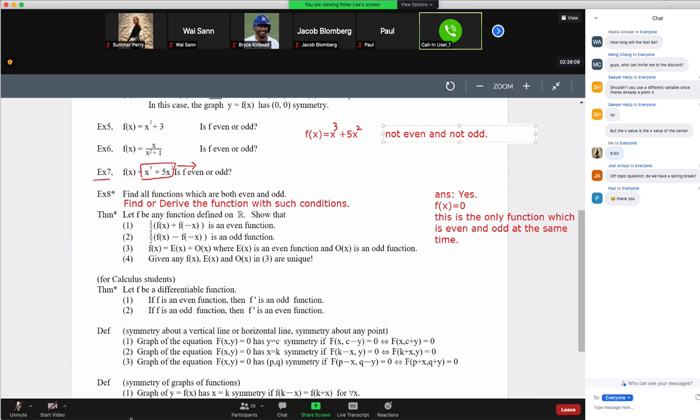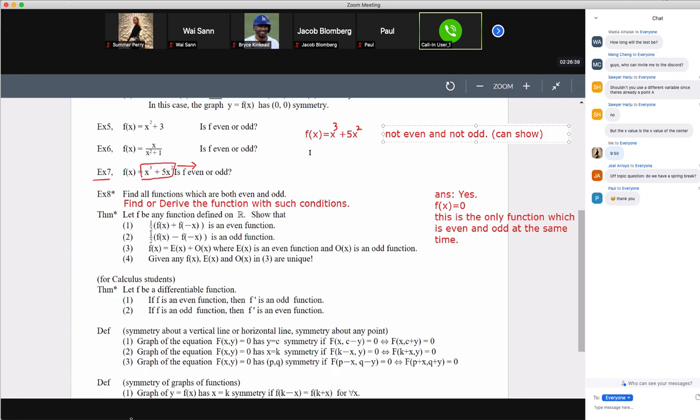You can show that easily: when you simplify f of negative x, that will not equal f of x, and that will not equal minus f of x. Nothing is automatic here. You have to show it. You should be able to show all of these things.